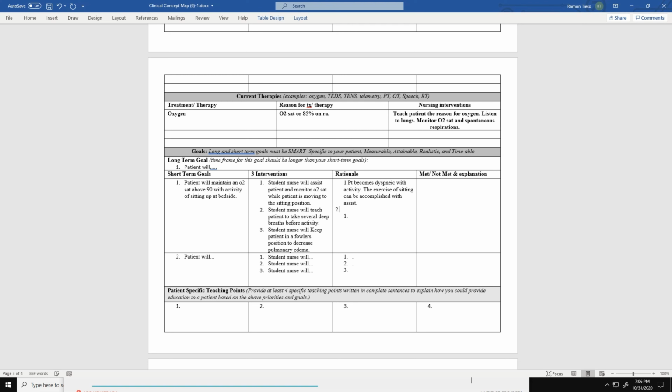Nurse will teach the patient to take several deep breaths. Hyperoxygenation before activity can decrease hypoxemia with activity.